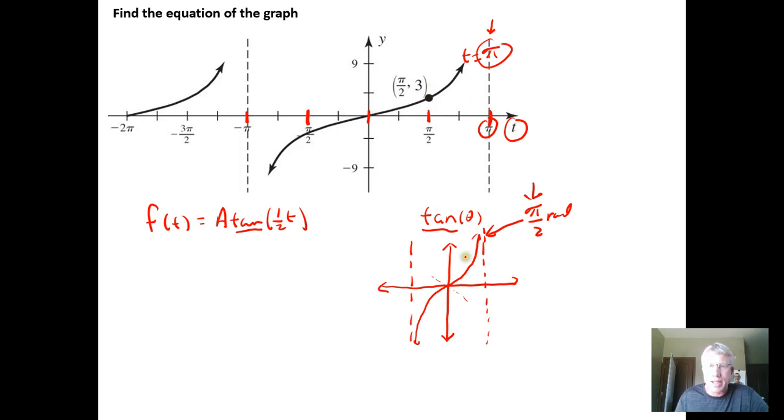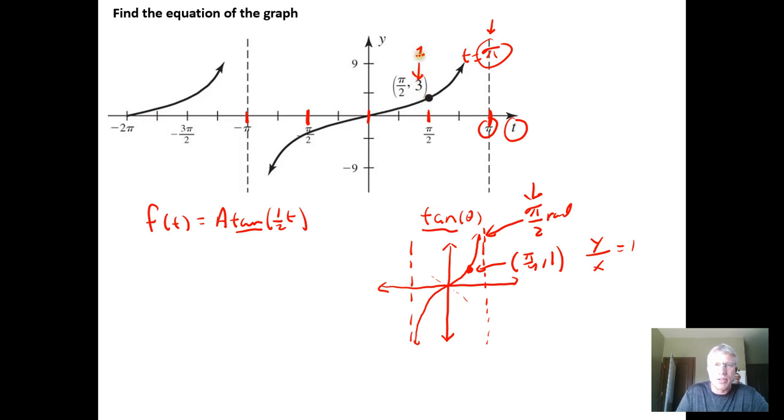And if it is, I can take advantage of that key point on the toolbox function, where we know if we plug in pi over 4 radians, the output is going to be 1, because at pi over 4, x and y both equal square root of 2 over 2. So the ratio y over x is going to equal 1 at pi over 4 radians. And I see that I have equal spacing, so I know that this is usually a 1 right here.